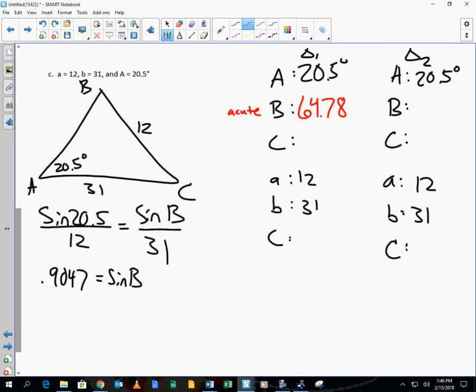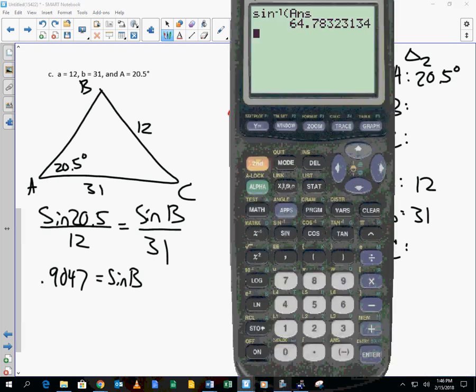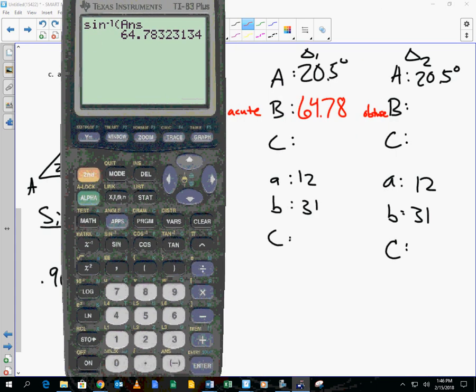That's if the triangle was the acute triangle. But what if it's not acute? What if it's obtuse? I have to find the obtuse angle, and I do that right now. I take 180 and subtract that angle, and that will give me the obtuse one.